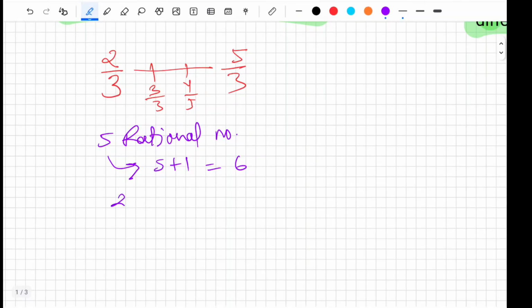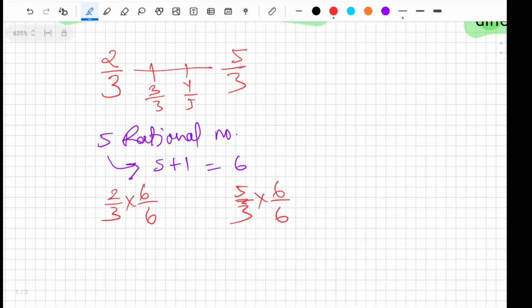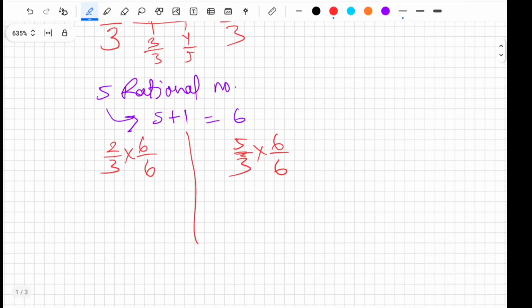We have the numbers 2 by 3 and 5 by 3. We have to multiply the numerator and denominator by 6. So it will give 12 by 18 and 30 by 18.